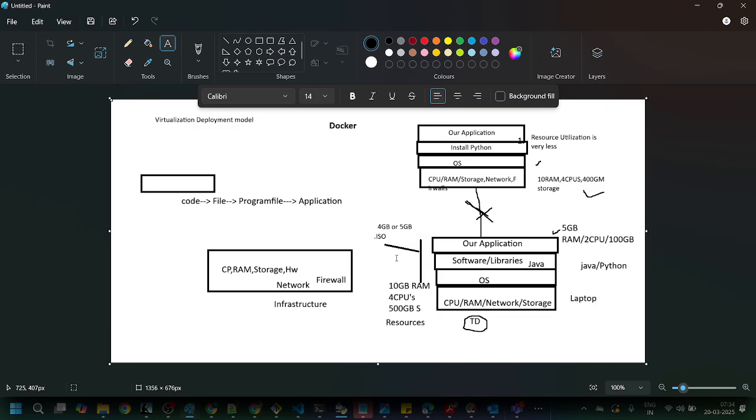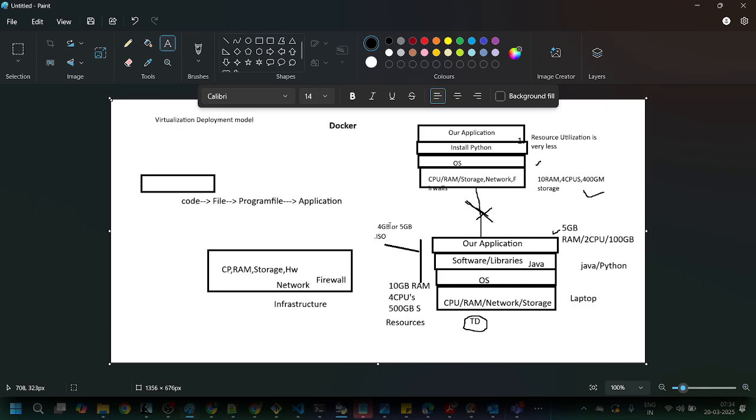If you want to move this 4 GB or 5 GB image to another location, for example, if they created one machine and want to get that image onto that instance, they should download the 4 GB or 5 GB in their machine.